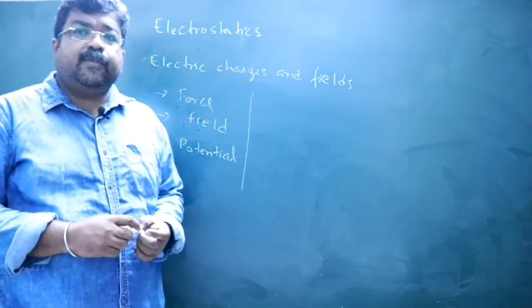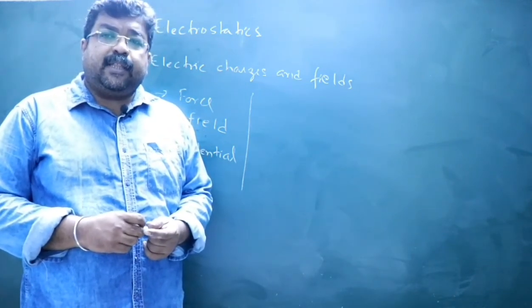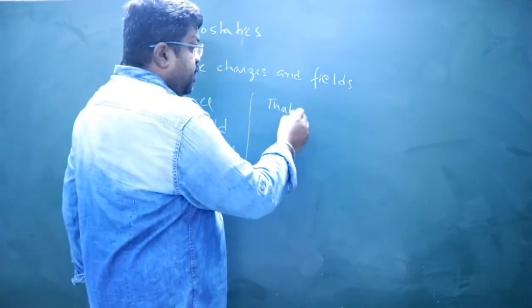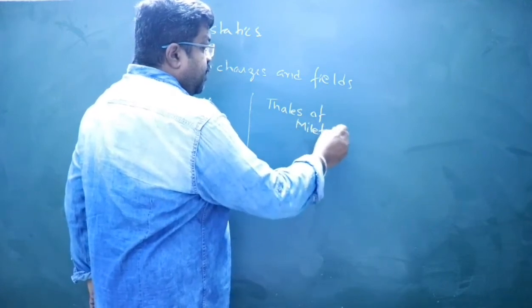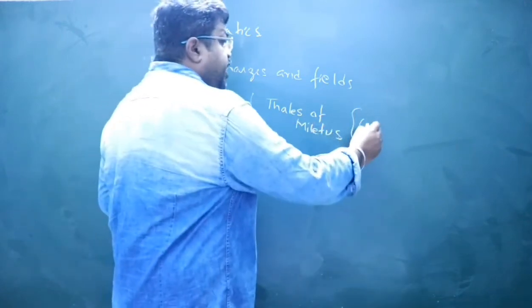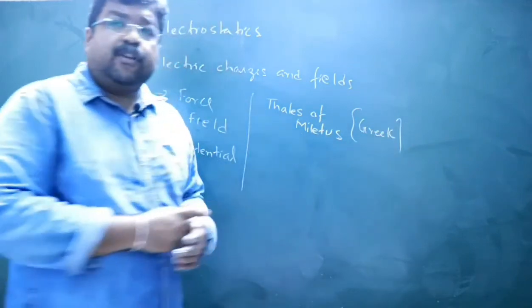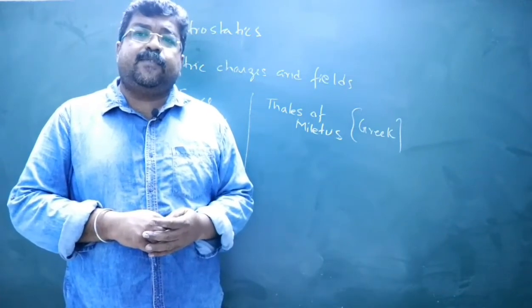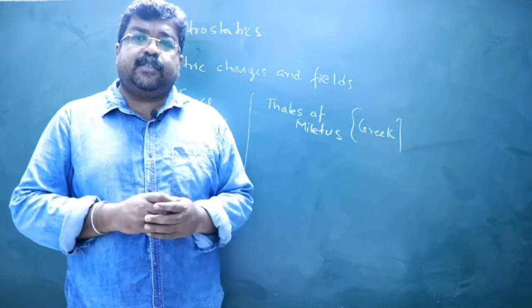The first observation with regard to charge was made by Thales of Miletus. He was a Greek philosopher, a mathematician, and an astronomer, and he was the first person to observe the concept of charge.